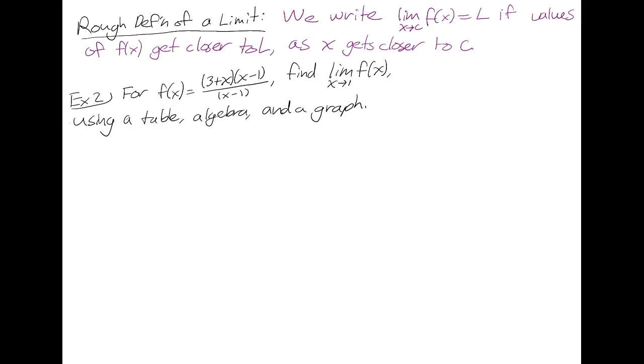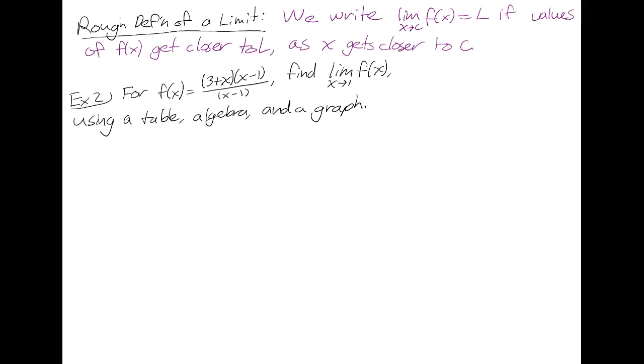All right, so a rough idea of a limit is that we say the limit as x approaches c of f of x is L if the output values, or the y coordinates, get closer to L as x gets closer to c.